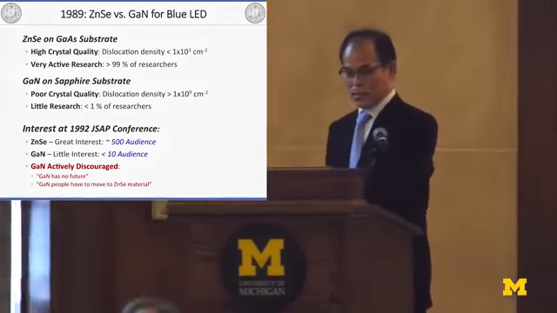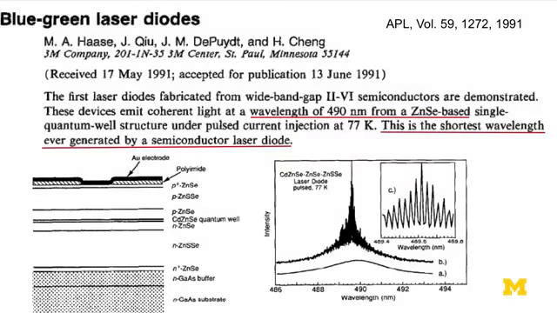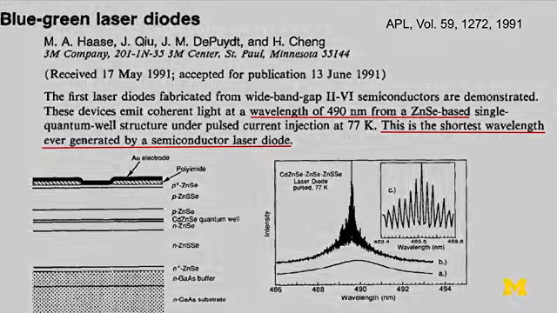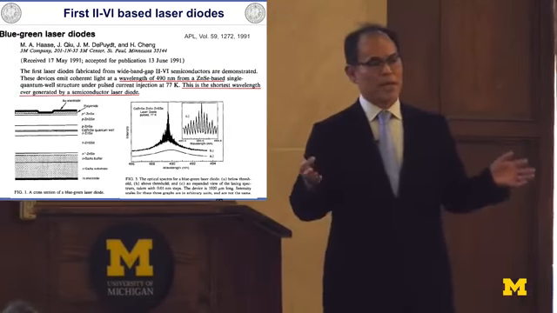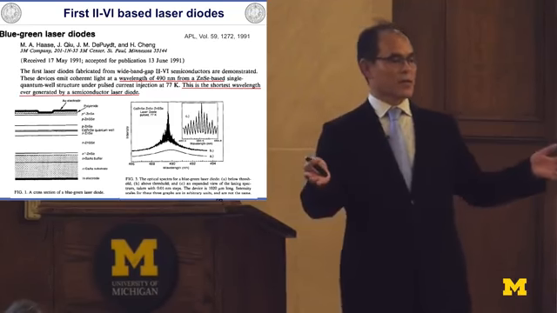The reason is that in 1991, 3M, an American big company, succeeded in making the first blue-green laser diode using zinc selenide. No? This is the shortest wavelength ever generated by a semiconductor laser diode. This was published in 1991. After this publication, all scientists said, oh, zinc selenide is the winner.